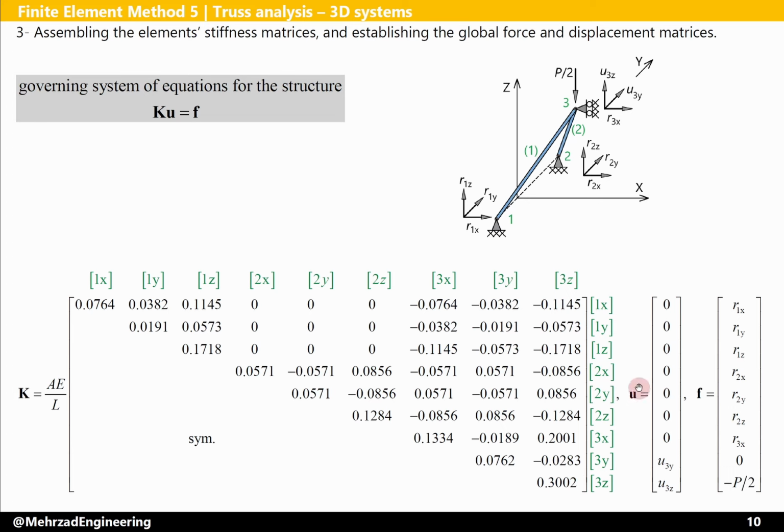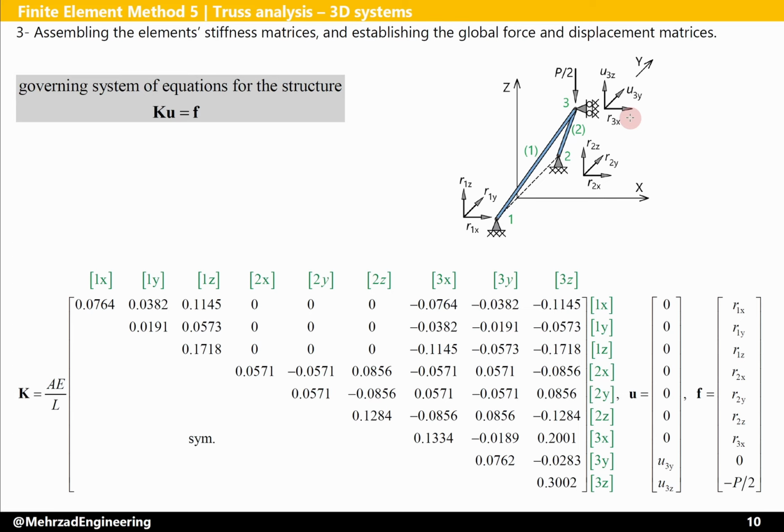To find the displacement matrix, we know that at node 1 and node 2, all the degrees of freedom are closed. So we have zeros on these rows for the displacement matrix. Also at node 3 in x direction, displacement is closed.